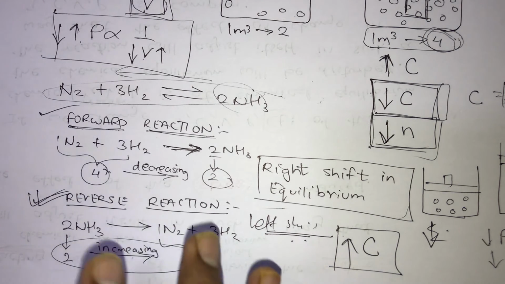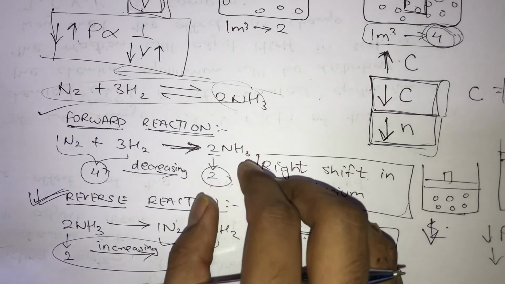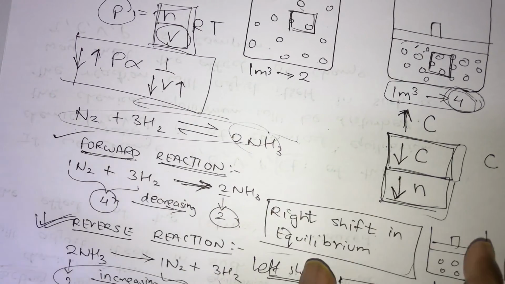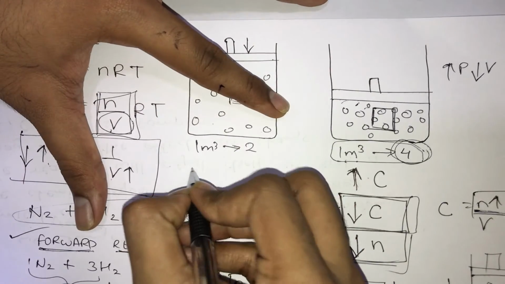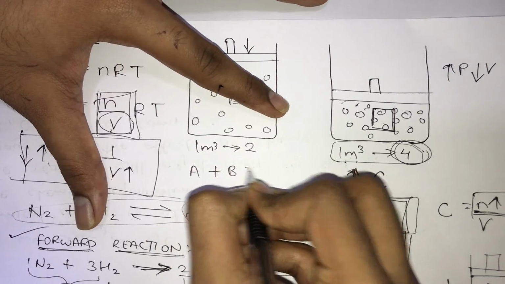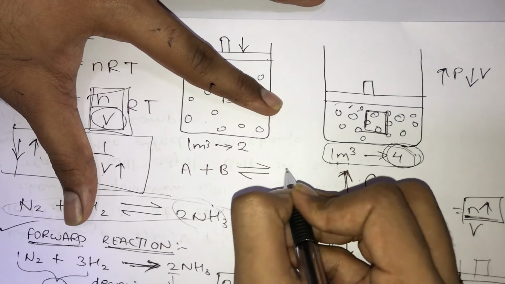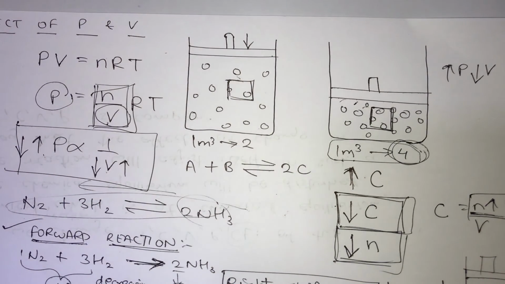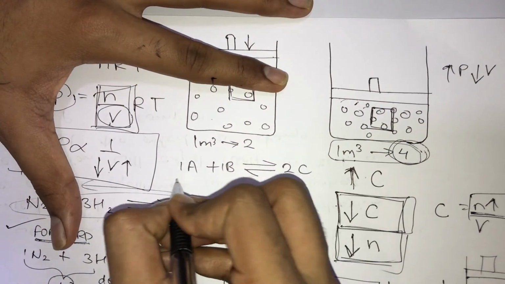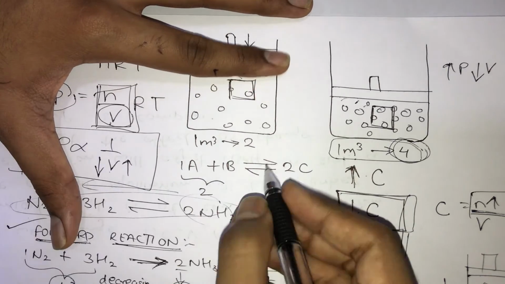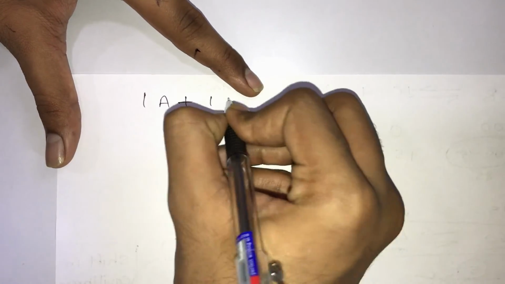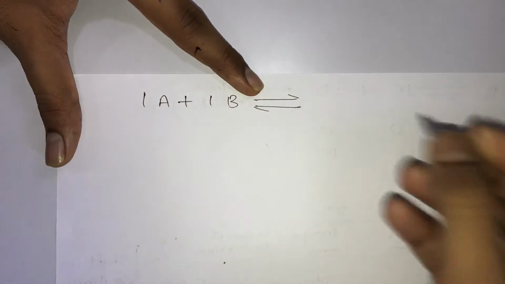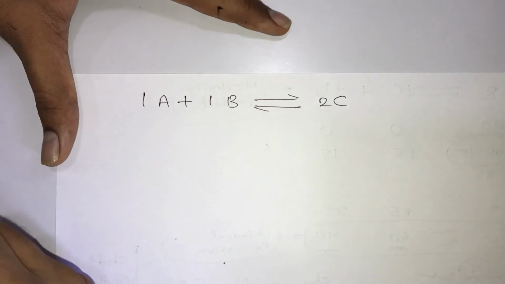Now here let's consider one example. Let's assume that I have A plus B as a reversible reaction giving 2C. Let's say I have 1A reacting with 1B, a reversible reaction giving us 2C.